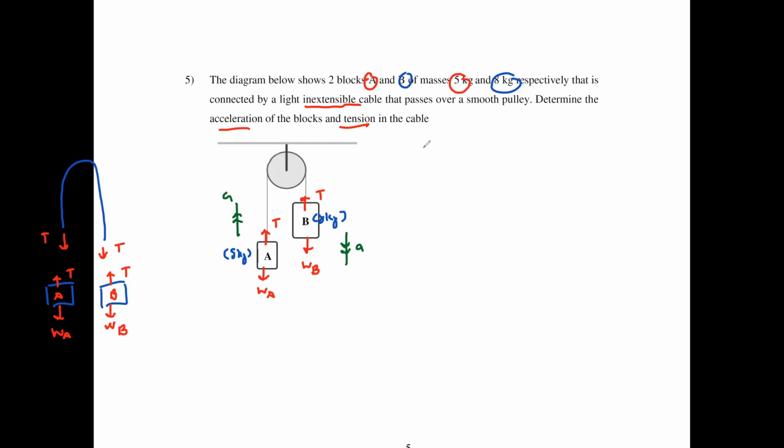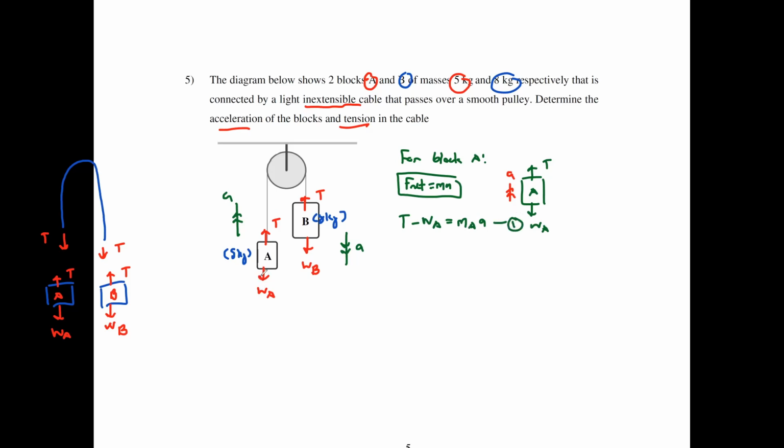Let me just say that for block A, again, if I want to use Fnet equals to MA, so block A was this. You had WA, you have tension T, and then you have acceleration upwards. So in your case here, it will be T minus WA equals to MAA.